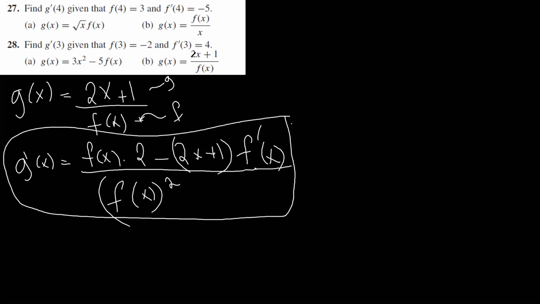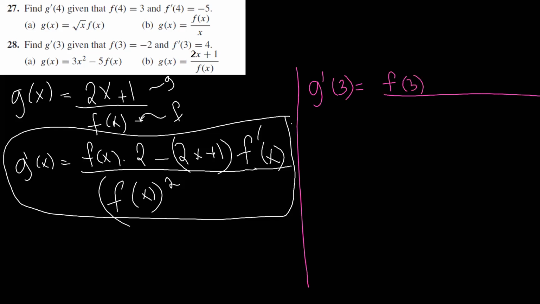Okay, now who wants to continue? Yes, Lana. Substitute now. So g prime of 3 is f of 3 times 2, minus 2 times 3 plus 1, because x is 3.